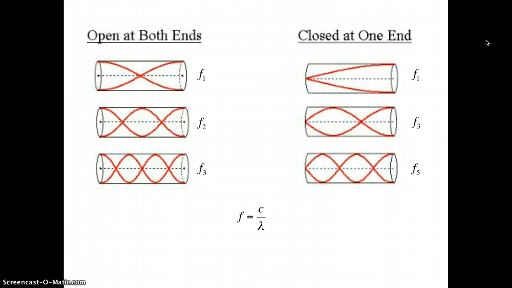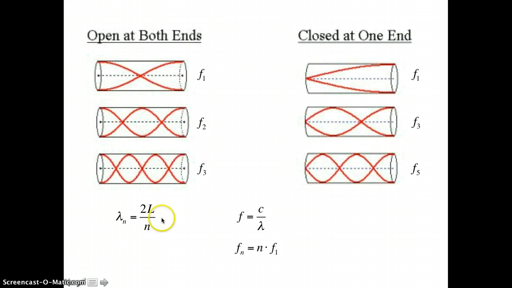Those frequency values we can find using the wave speed equation. And like before, each frequency, F2, F3, or F3, F5, is just that harmonic number, n, times the fundamental. In the left case, we have the same equation as for strings.